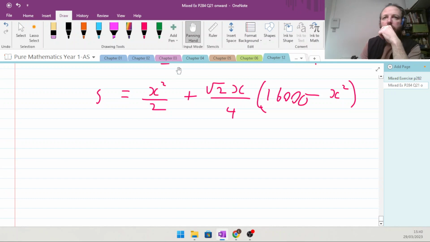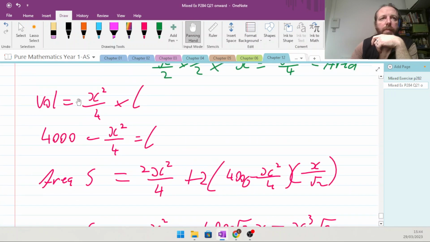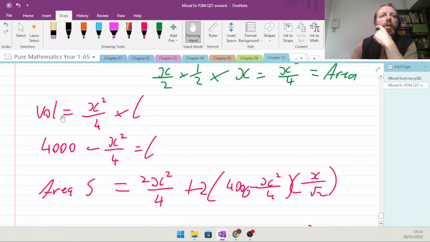Let's see what we can do. Okay, so the reason it's not working is I've tracked my problem down to up here. When you do volume equals x squared over 4 times L, to get L on its own, you don't take it away, you divide by it.